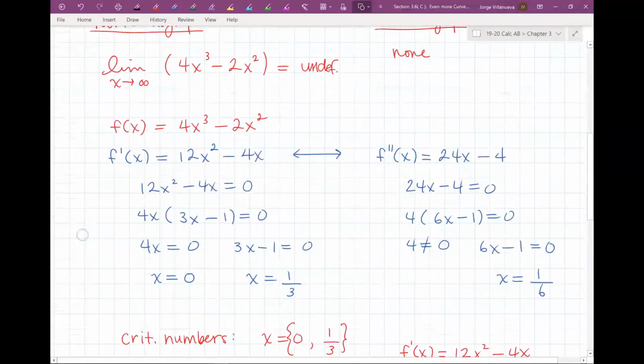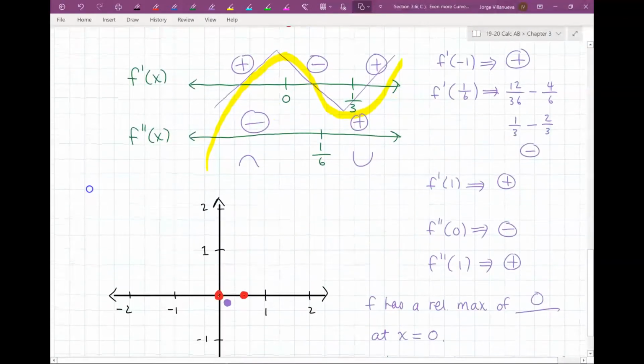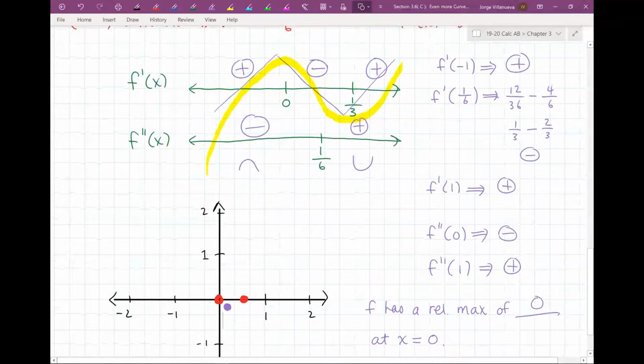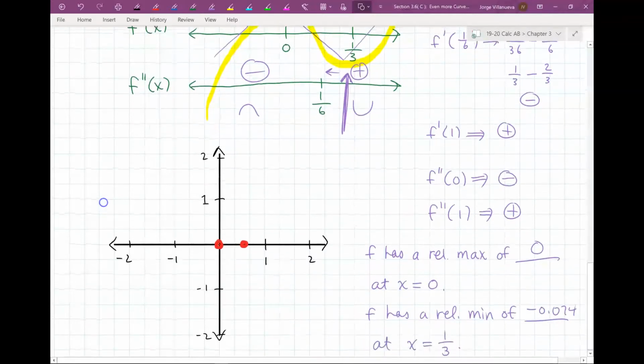Yeah, because notice how this sine graph, your minimum occurs here, okay? But the point of inflection is to the left of it. So it just doesn't seem to make sense at the 1/3. Because your point of inflection should occur at 1/6, which should be right about here, like this line right about there.